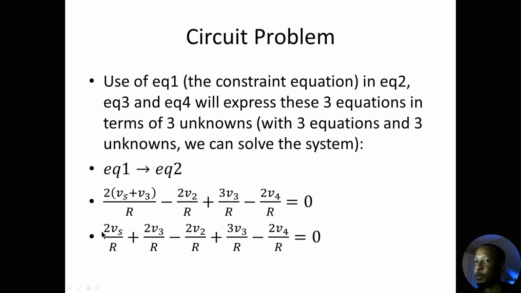And so next we have 2Vs divided by R plus 2V3 divided by R minus 2V2 divided by R plus 3V3 divided by R minus 2V4 divided by R equals 0.